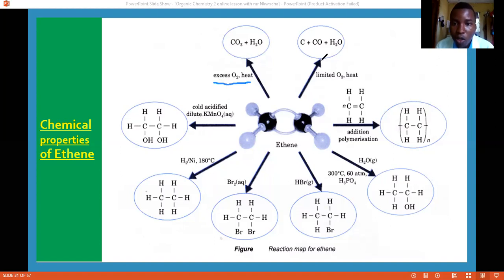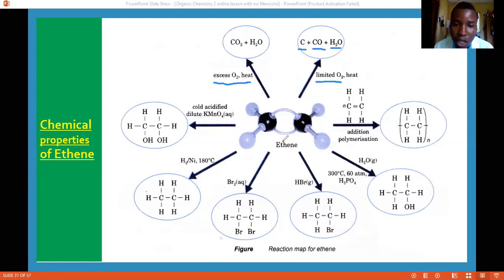If it is combining with limited oxygen, we have carbon monoxide and water, and coke, as I said.